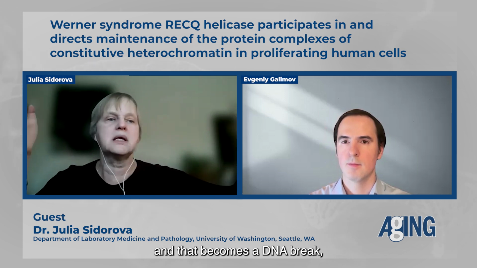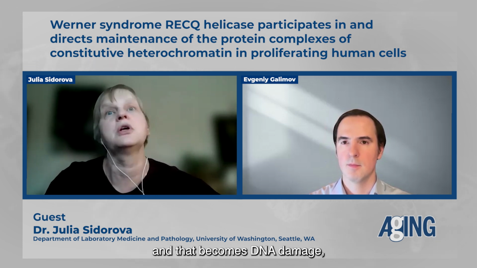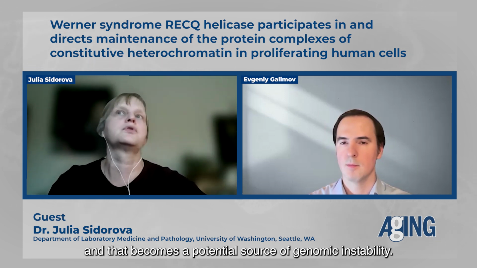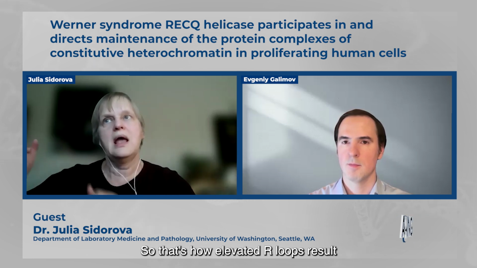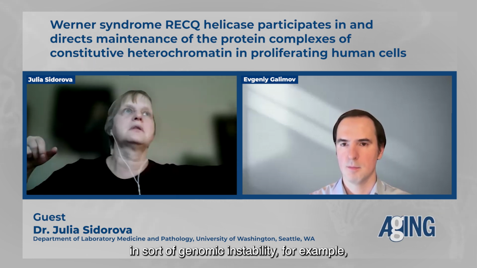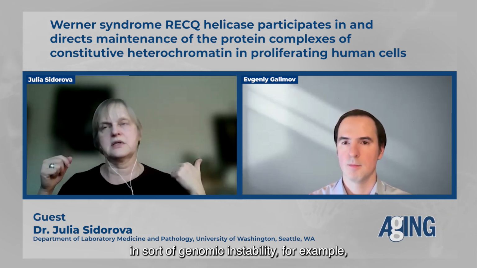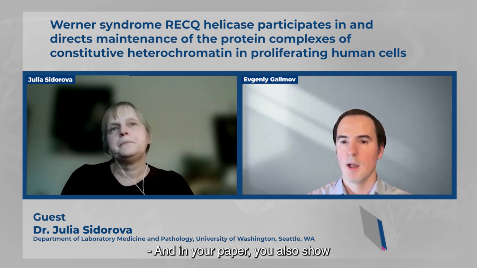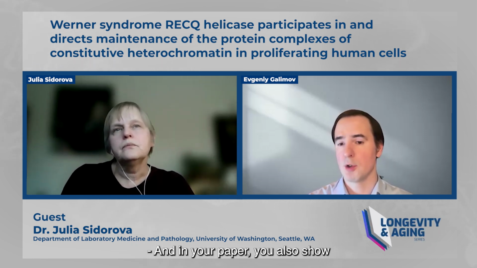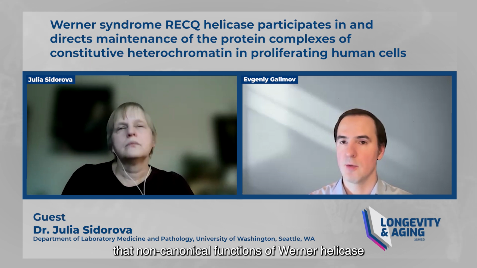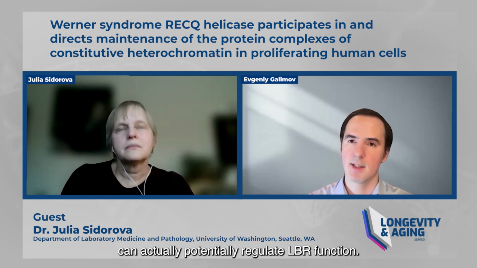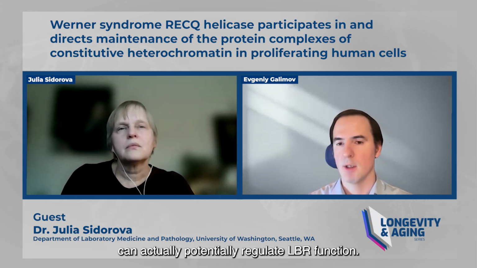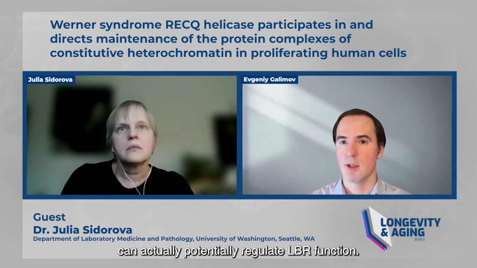That becomes a DNA break, DNA damage, and a potential source of genomic instability. So that's how elevated R loops or G quads result in genomic instability. And in your paper, you also show that non-canonical functions of Werner helicase can potentially regulate the LBR function.